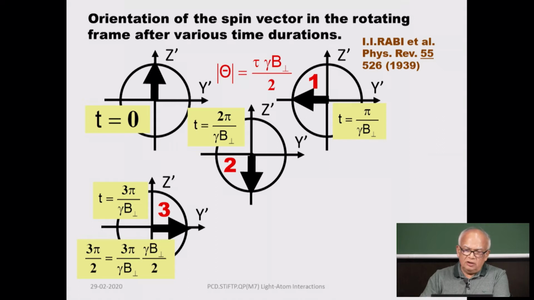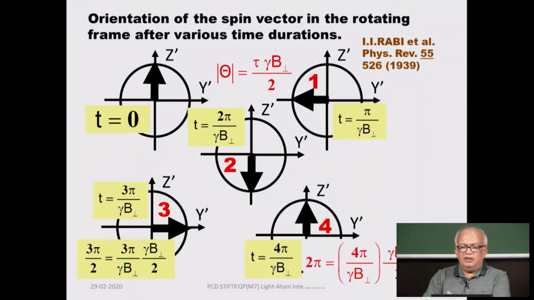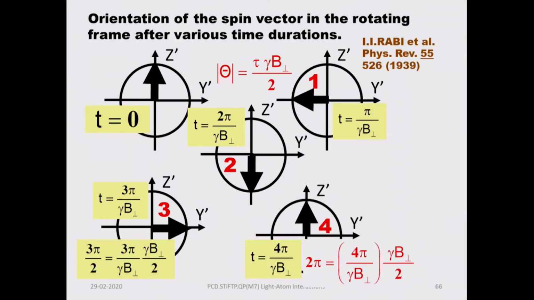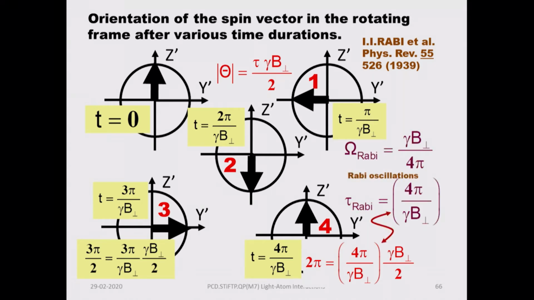And if you want a full circle, which is 2 pi, which is the completion of the Rabi cycle, right, then you have to add another quarter of the time. So, that will be 4 pi by gamma b perpendicular, and then you will have a 2 pi rotation and you would have completed the Rabi cycle, okay.